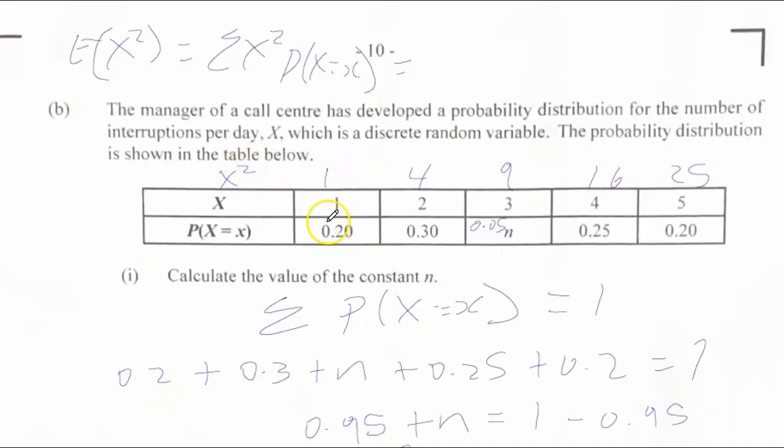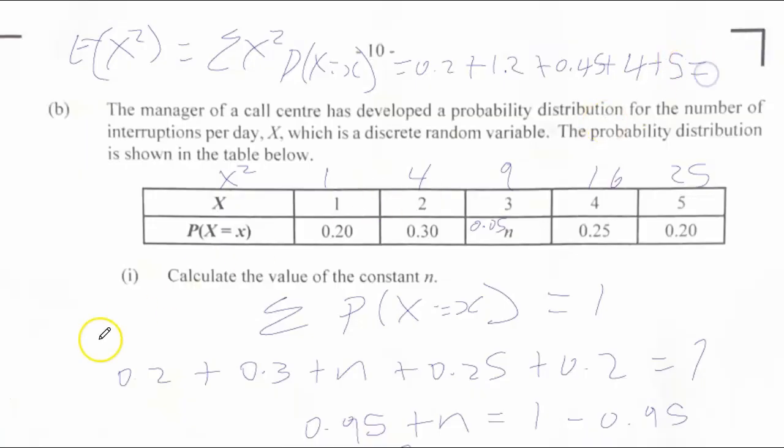So it's 1 times 0.2, that's 0.2, plus 4 times 0.3, that's 1.2, plus 9 times 0.05, that's 0.45, plus 16 times 0.25, that's 4, plus 25 times 0.2, that's 5.